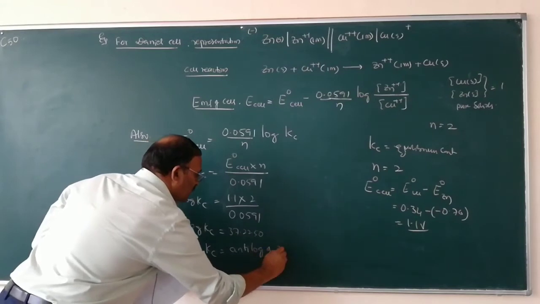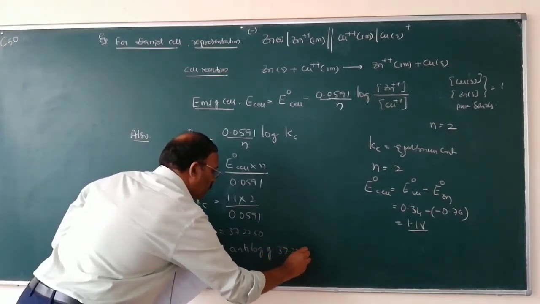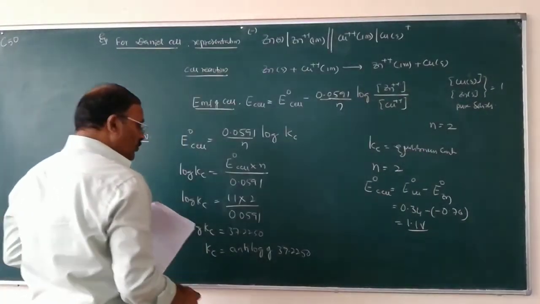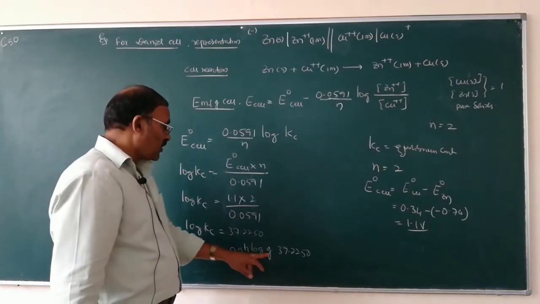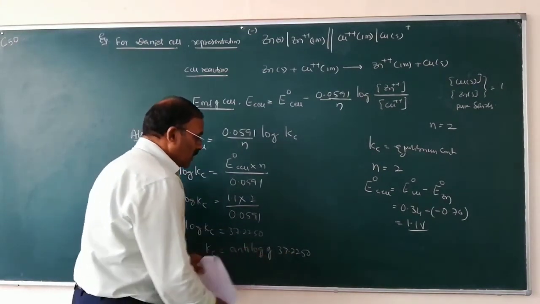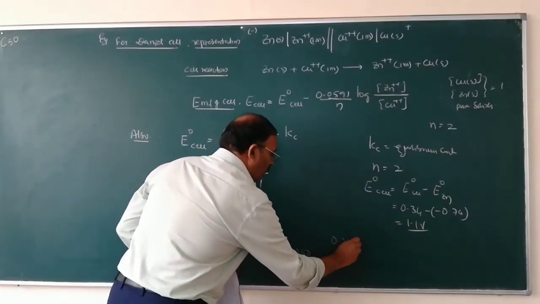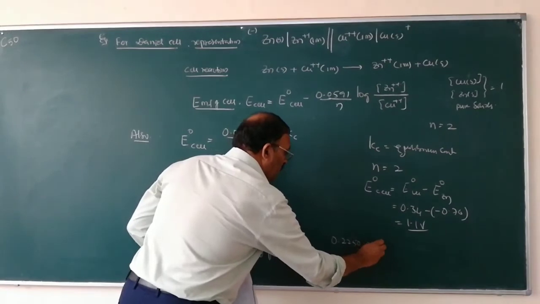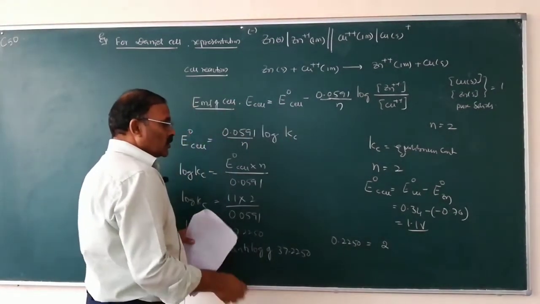So then what is Kc? Kc is equal to anti-log of 37.225. So how to determine anti-log? Go to the anti-log page. Then observe the value of 0.2250, which is equal to 2.